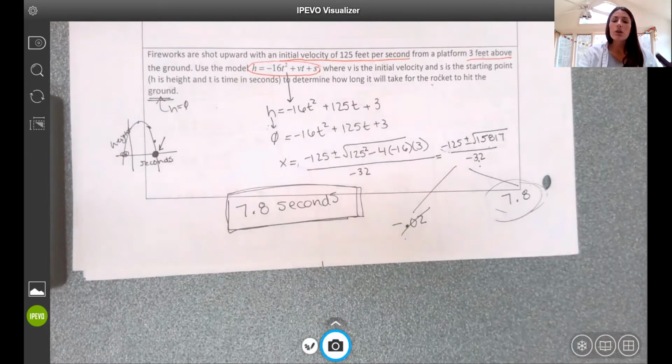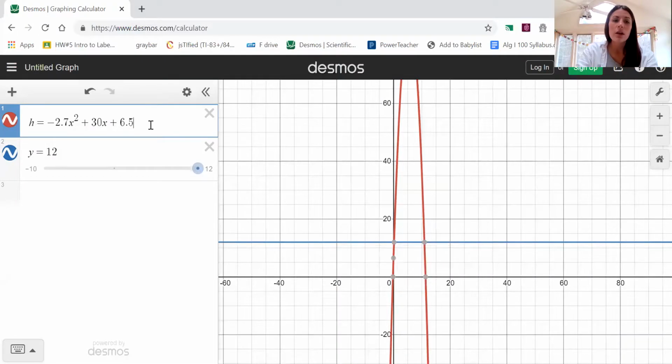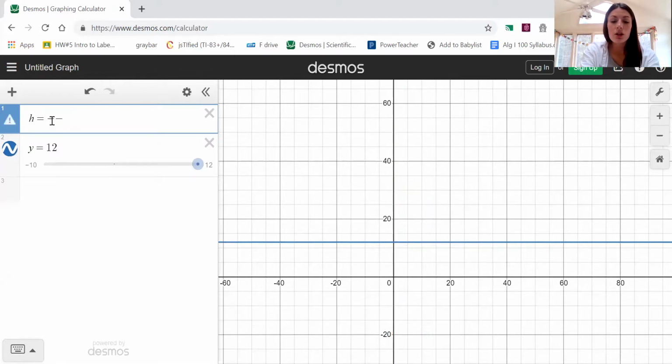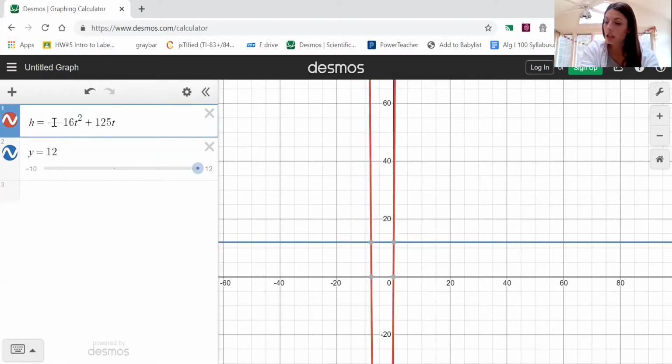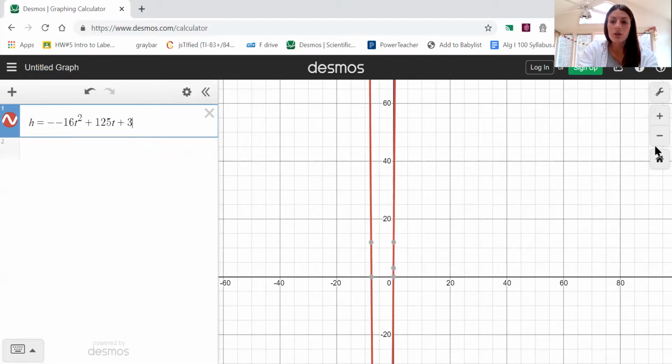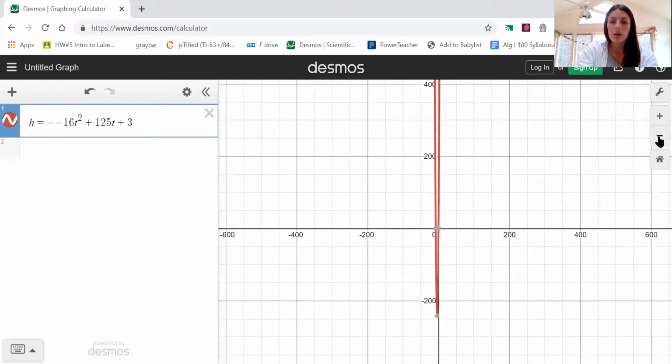And again, we could look at the graph of this. So if you ever need to pull up Desmos and look at the graph, certainly you can. My function was h equals negative 16t squared plus 125t plus 3. And we wanted to know, let me zoom that out so you can see the parabola there.